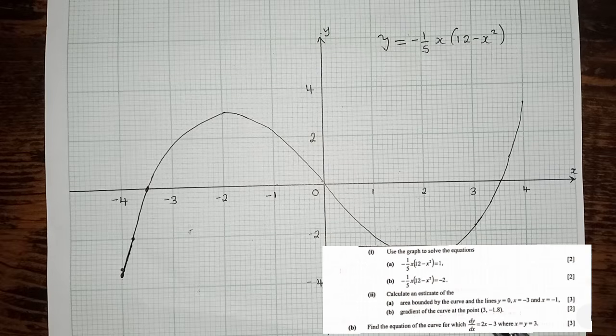This is the equation: negative 1 over 5 x inside the brackets 12 minus x squared is equal to 1. So how do we answer this one? Let me give an example of how it is done.